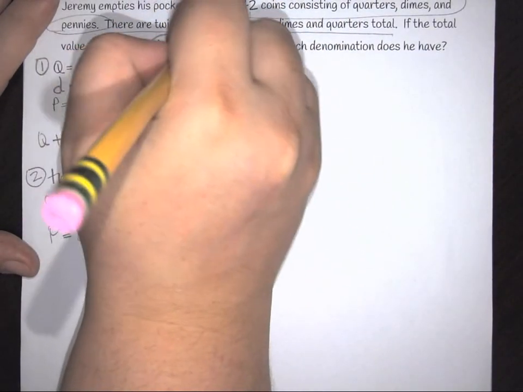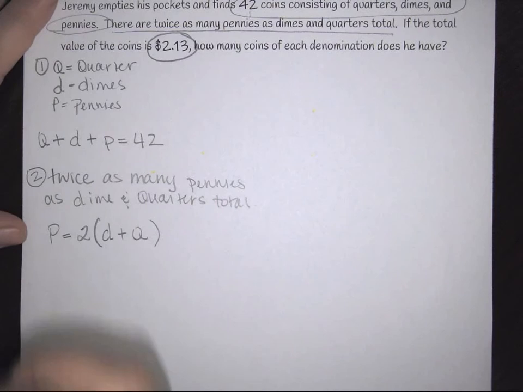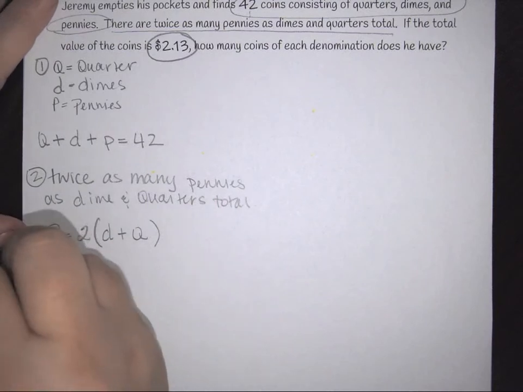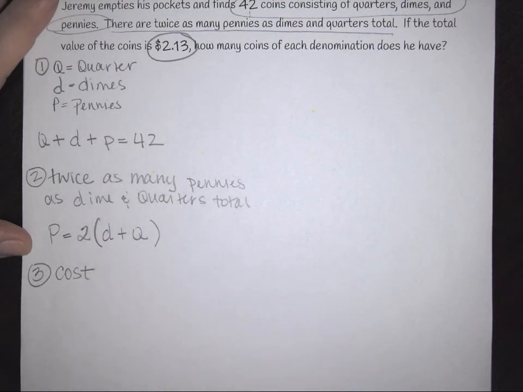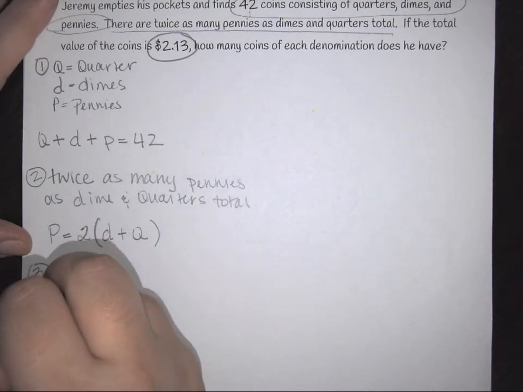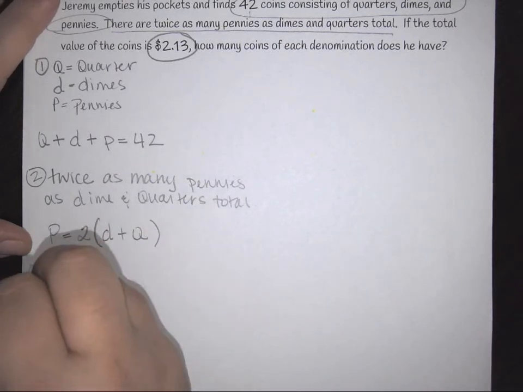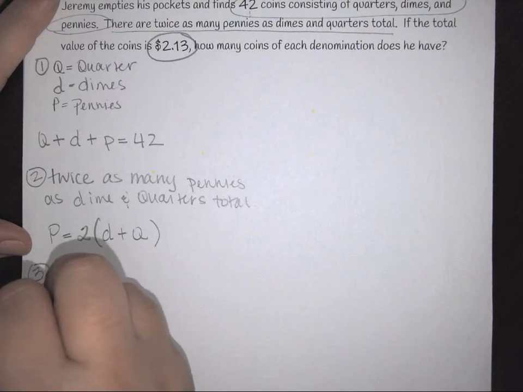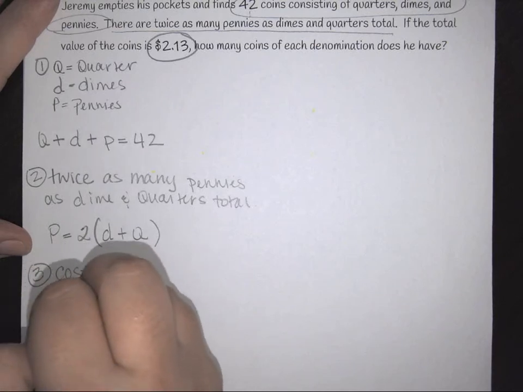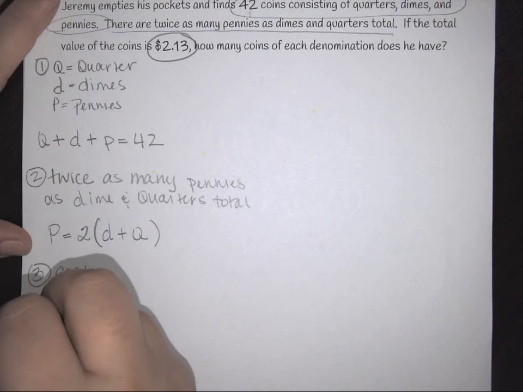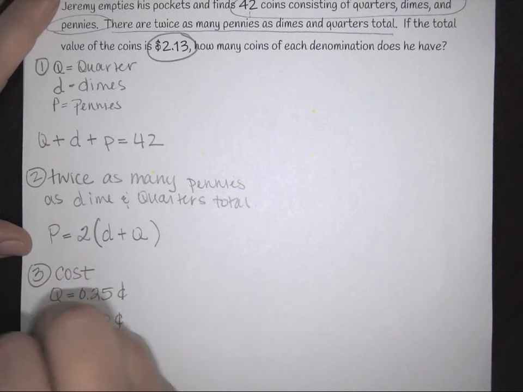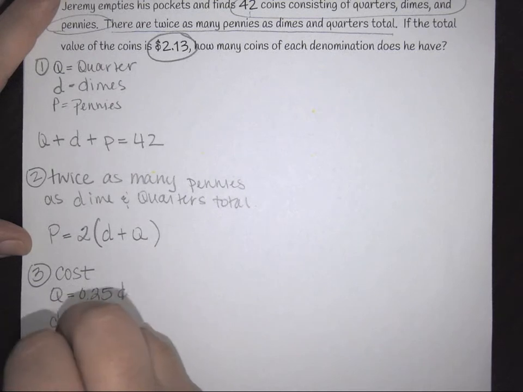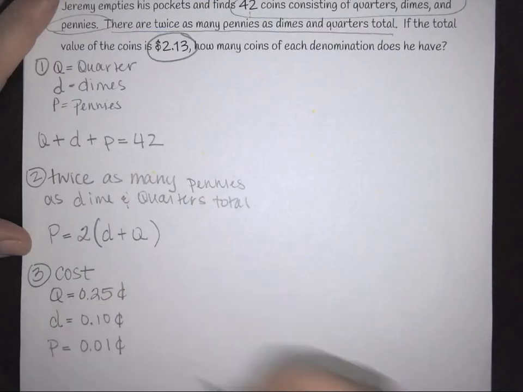Now we're told that the total is $2.13. So the third equation that we have is going to be your cost equation. So we also then know that a quarter is equal to 25 cents. We know a dime is equal to 10 cents, and we know a penny is 1 cent.